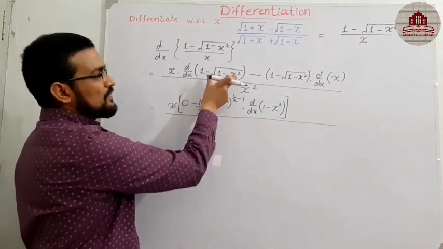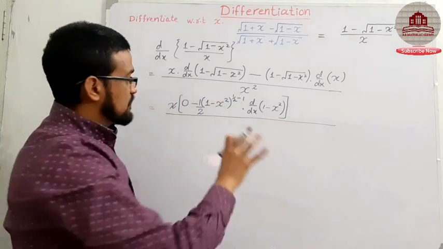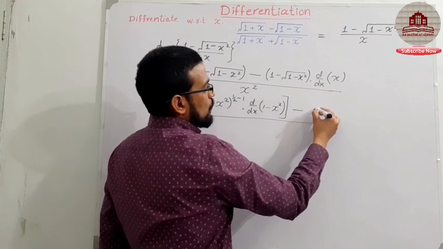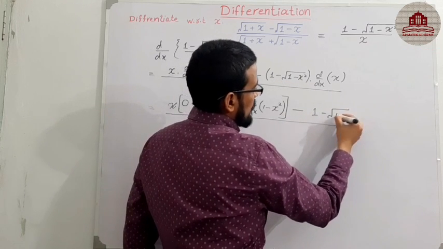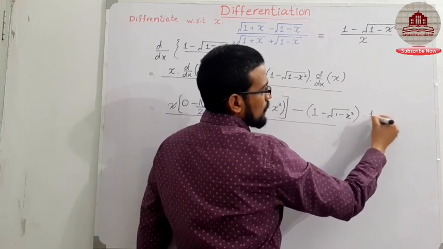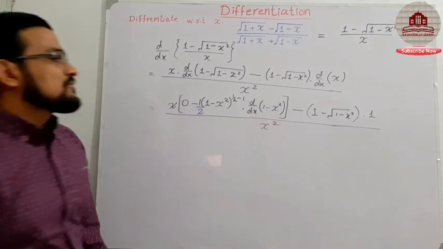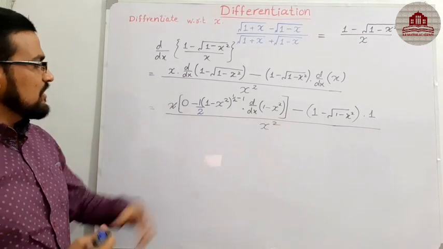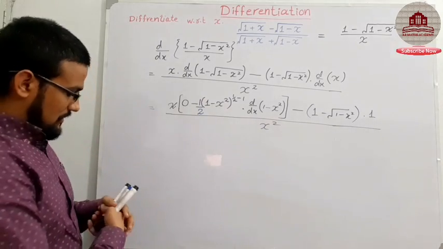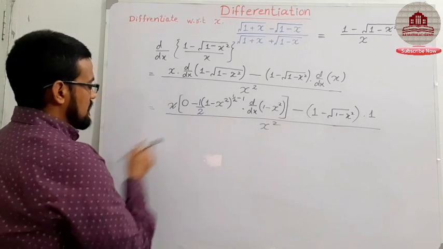Only this step is difficult for you, but the whole question is very simple. And then negative, 1 minus x square, and the derivative of x is equal to 1. Yes, here students, this is only a single step which is problematic, otherwise the whole question becomes very simple or easy.